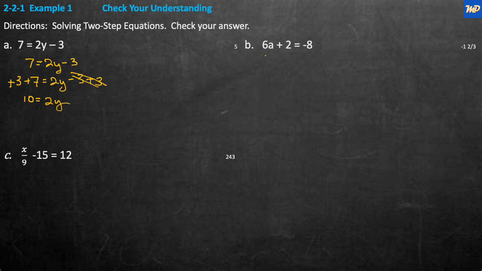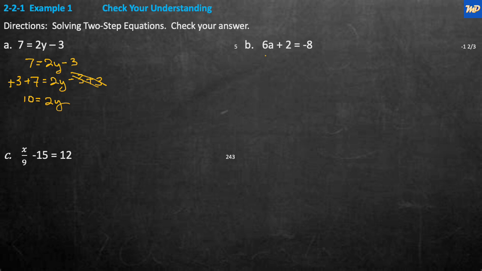So now we have to solve for y. And the step is to clear the variable of its coefficient so that you have a coefficient of 1. In order to do that, we have to multiply by 1/2 because 2 times 1/2 is 1. We're going to do a half on both sides. In other words, it's dividing by 2, right?